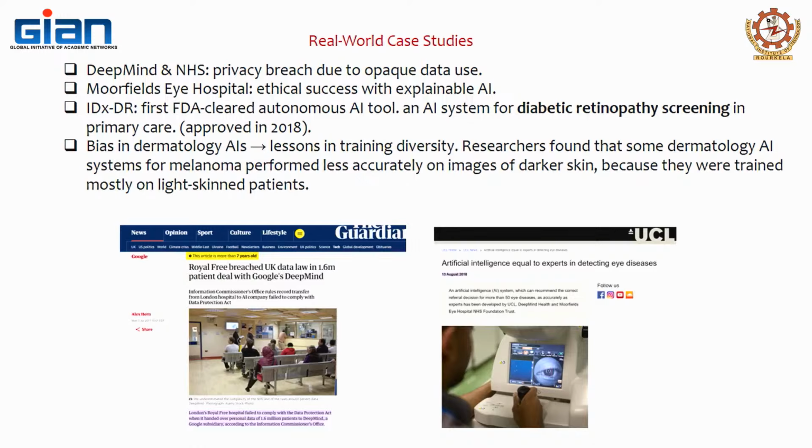It has also been shown, and this is a real-world use case, that we found bias in dermatology AIs. In this particular case, there was an issue of training diversity. Researchers found that AI systems developed for melanoma detection performed less accurately on images with darker skin, because most likely these models were trained with images that showed lighter skin. So this is another example of how biases can creep in.